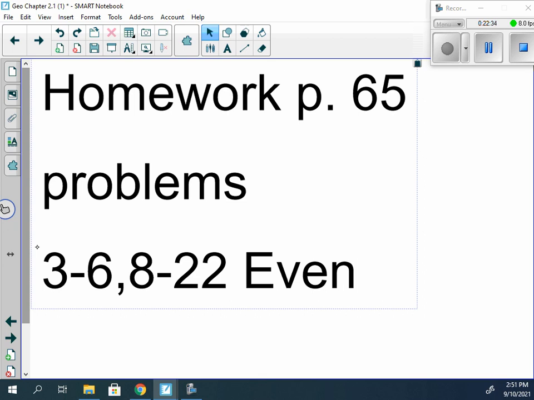For 14 and 16, write the negation of the statement. For 18, 20, and 22, you're writing the conditional, the converse, the inverse, and the contrapositive, and stating whether it's true or false. And that is it.